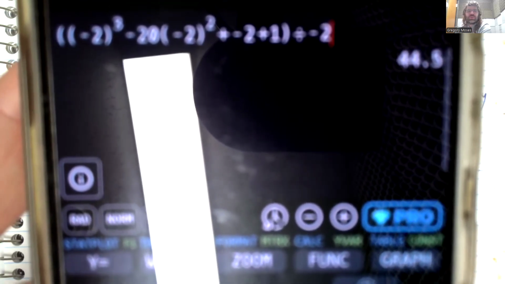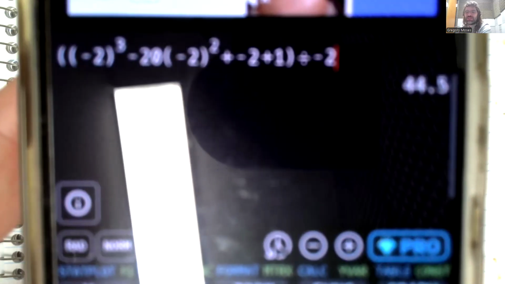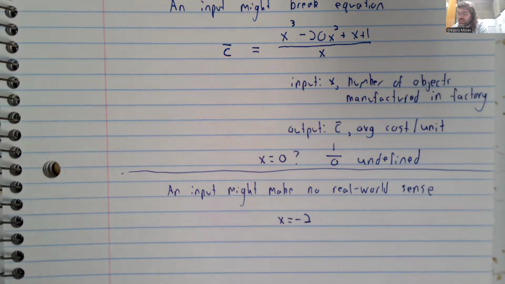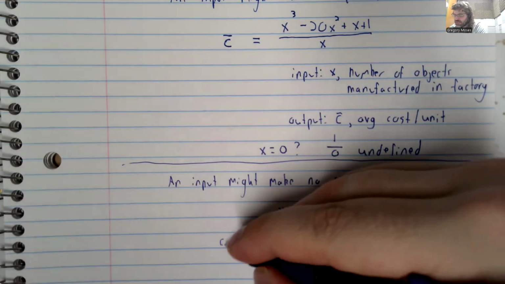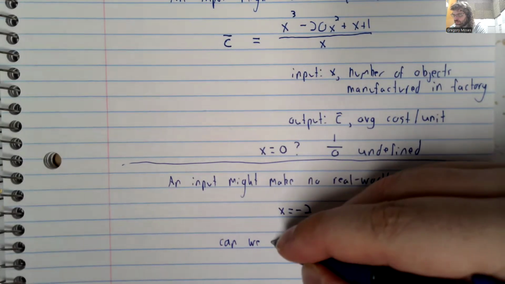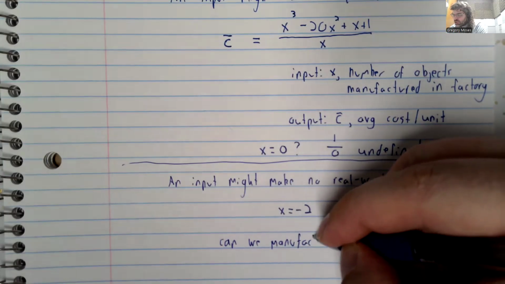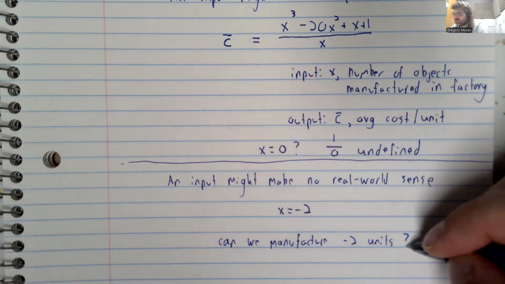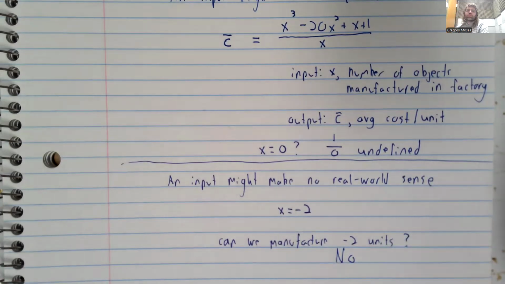Again, I know the calculator is fuzzy and unpleasant to look at, but you see we're not getting an error message. We're getting 44.5, if you can read that. But what does it mean? Can we manufacture -2 units? We surely cannot. So -2 is not in the domain.